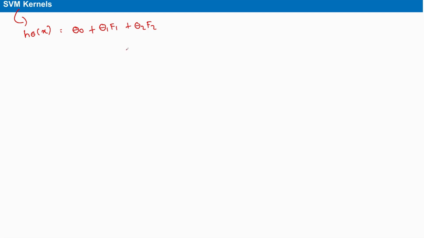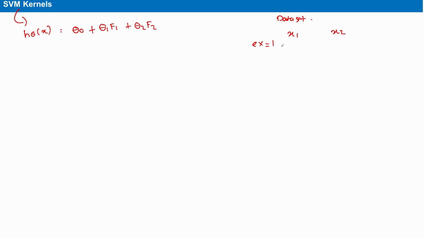In order to make you understand this, I will take one example. Suppose in your data set, for simplicity, you have only two examples. This is example one, which has only two features, feature x1 and feature x2.